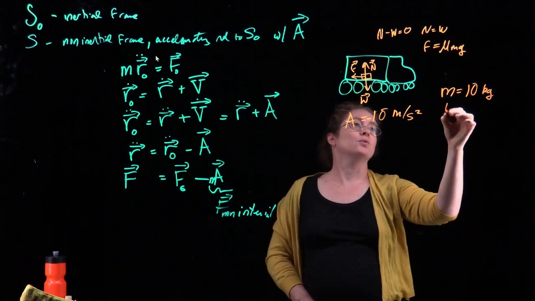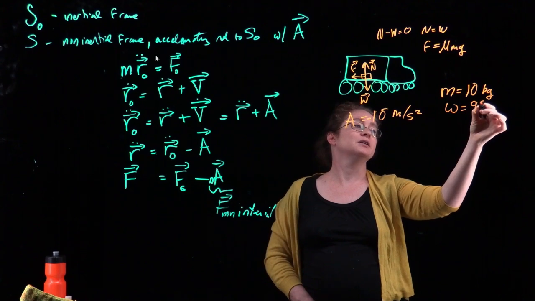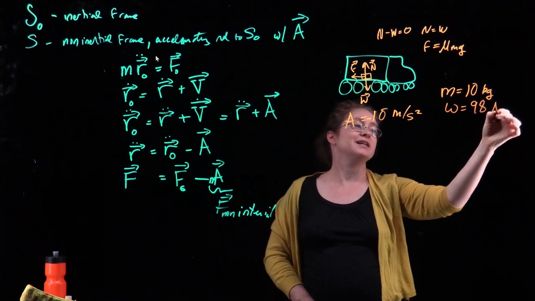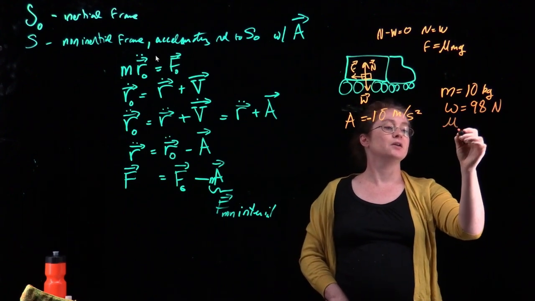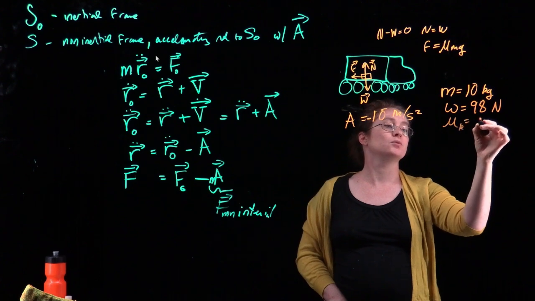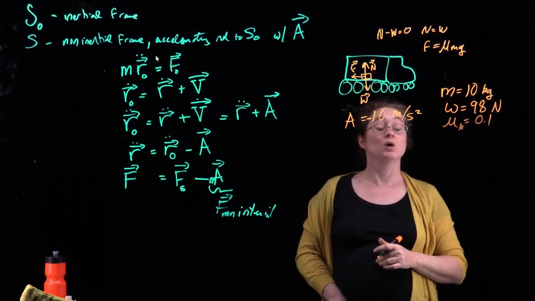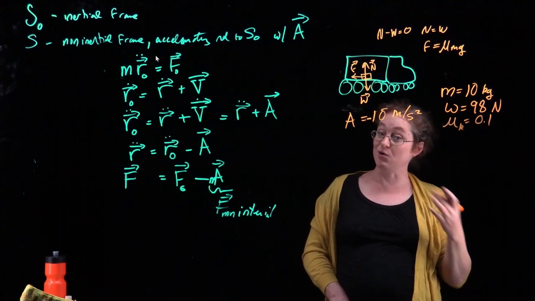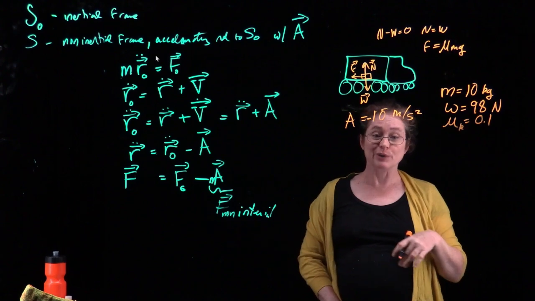And so our weight is going to be 98 newtons. We will do a kinetic friction. We'll do 0.1. Mu sub k is 0.1. And I'm going to say, well, what is the acceleration of the book in the truck?